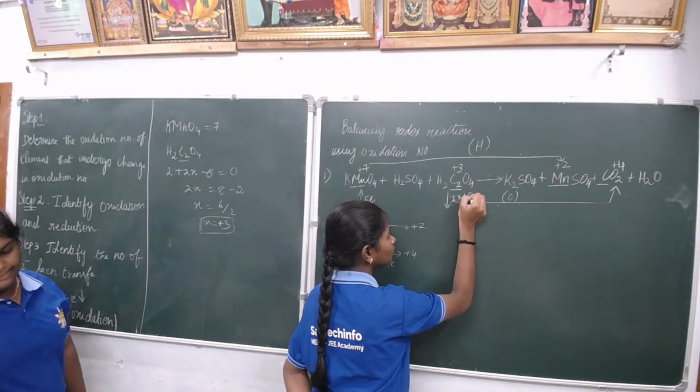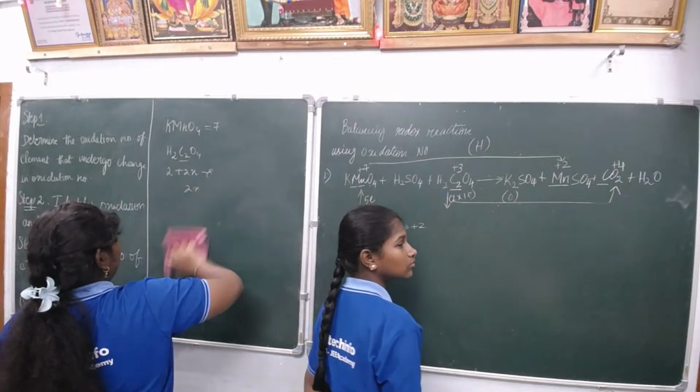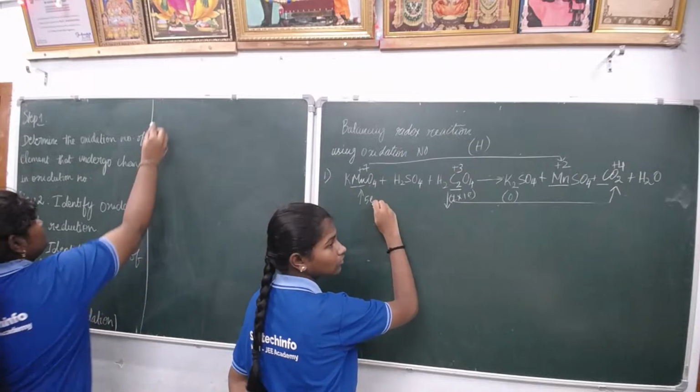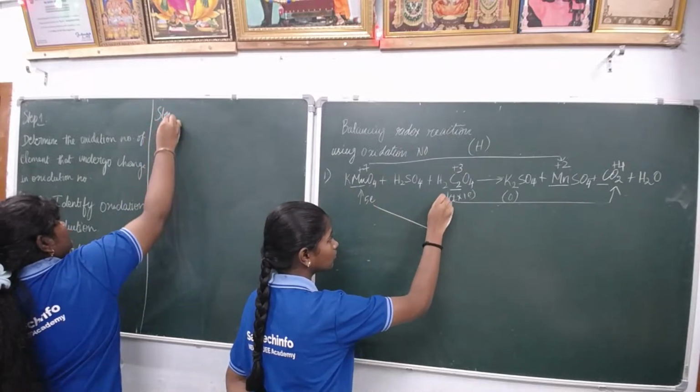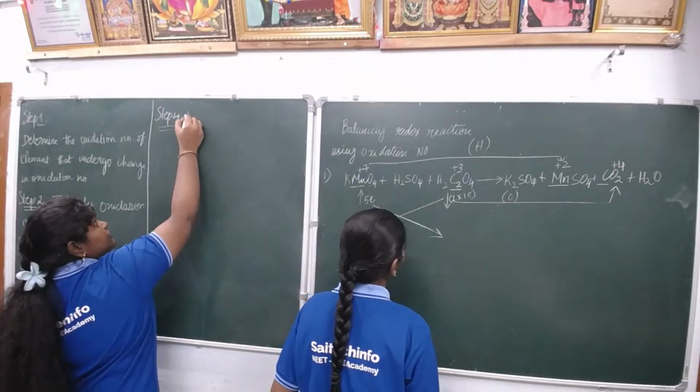Now what you are supposed to do, you have to interchange the number of electrons transferred. Next step you can introduce. Fourth step: interchange the number of electrons transferred as molar coefficient. Write down.